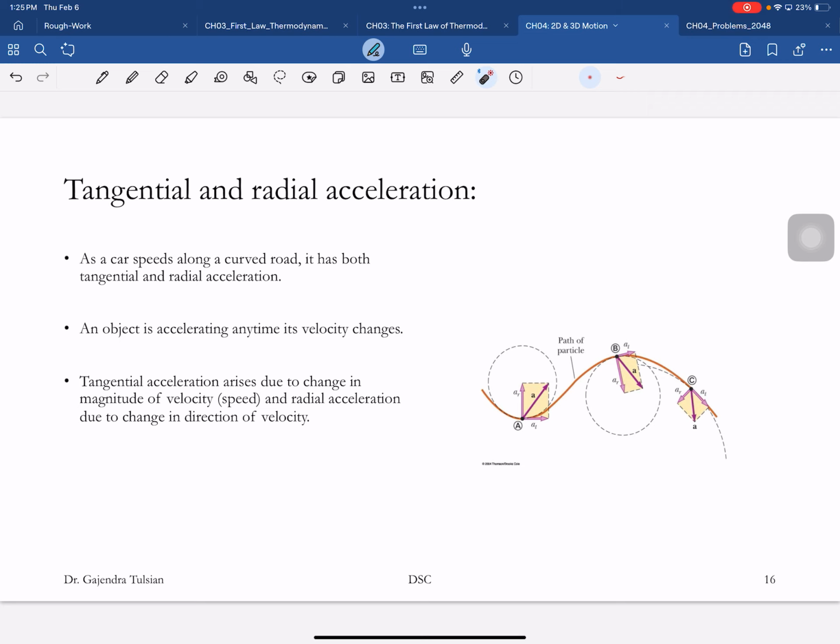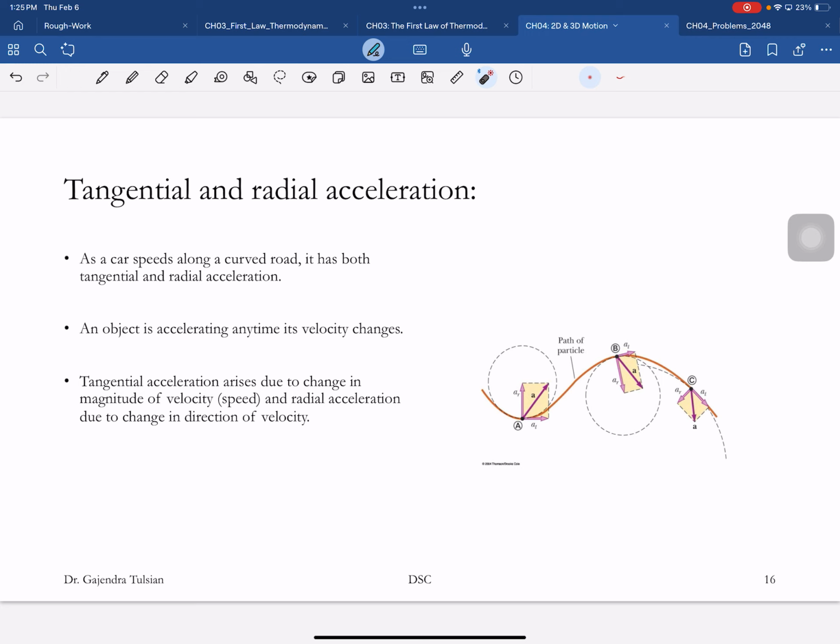When your speed changes, are you accelerating? Yes. What direction is the acceleration? Tangent. Very good. Tangent to the trajectory. When the direction of your velocity changes, are you accelerating? Yes. What direction is the acceleration? Perpendicular to the trajectory.